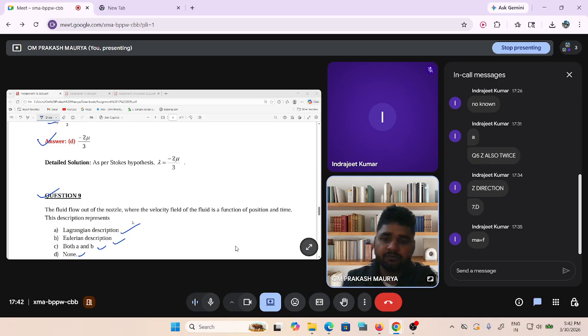Then you can easily understand whether it is the Lagrangian description, the Eulerian description, or both. I'll explain what Lagrangian and Eulerian are in a very easy way with a practical example. But before that, you need to think and try to write your answer in the chat box. Just try to recall your concept, please.